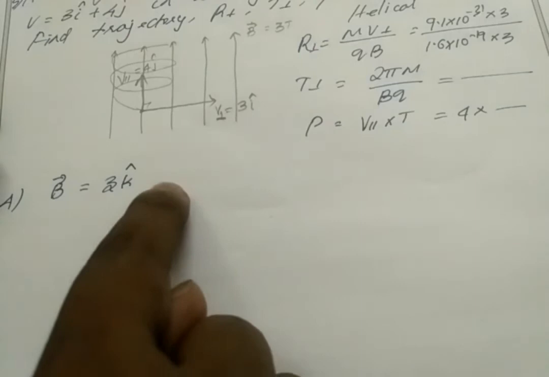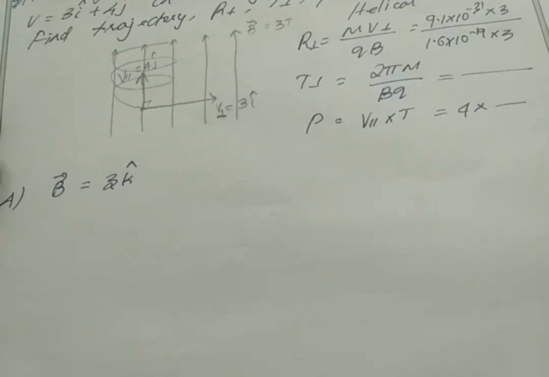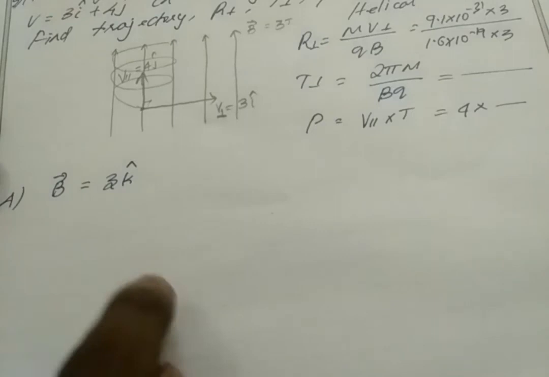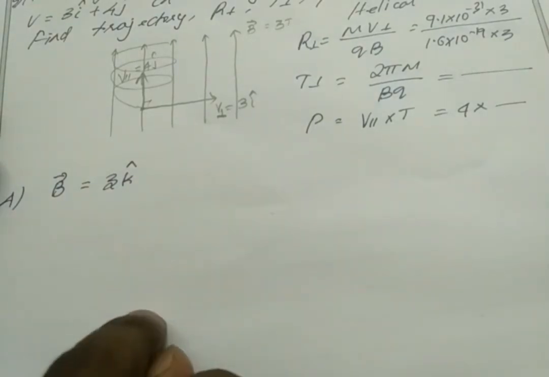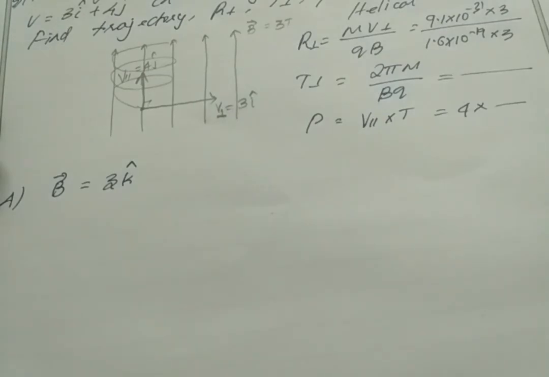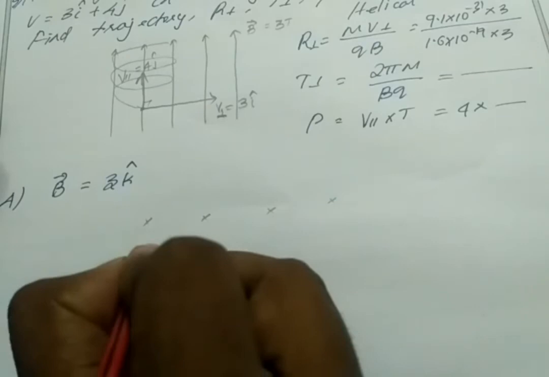Clear? So I take the Y axis upwards, the X axis horizontal, and the Z axis inside. Just now you saw that video, right? So here we have the Y axis upwards, the X axis here, and Z inside the plane. So inside the plane we have the magnetic field as a cross field.